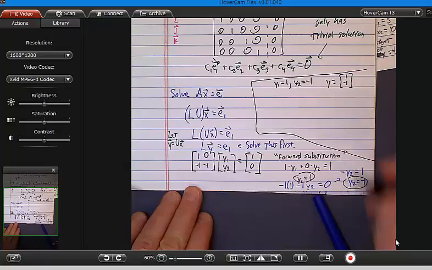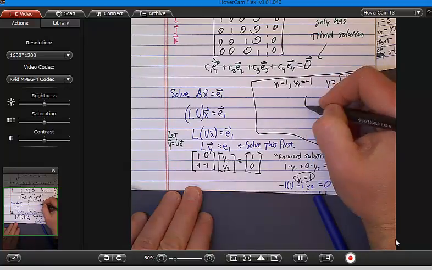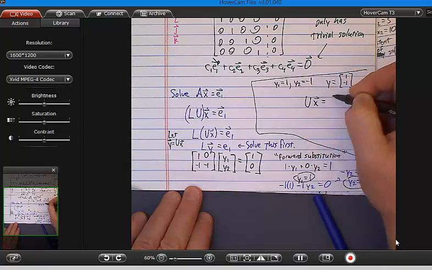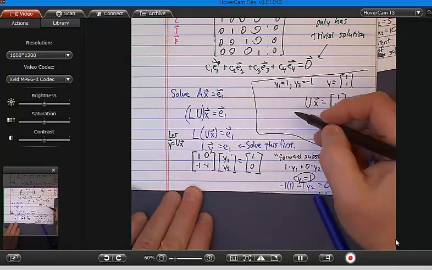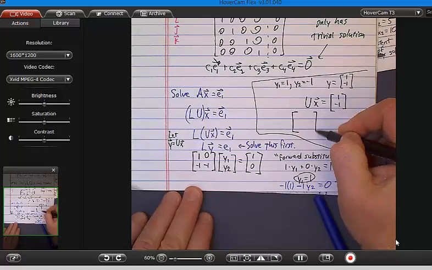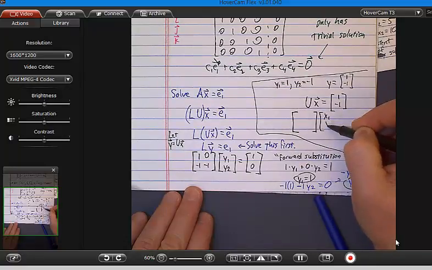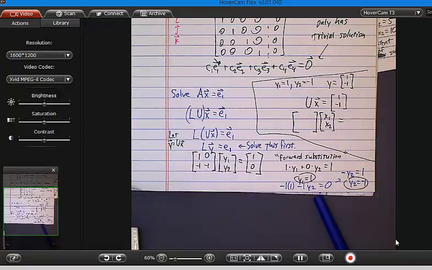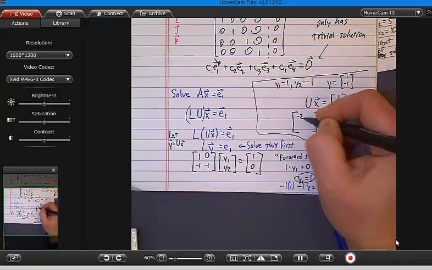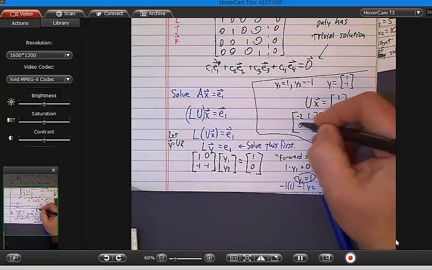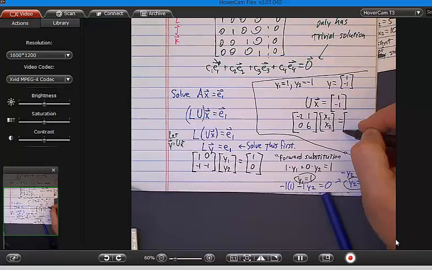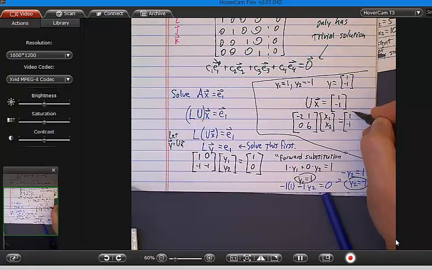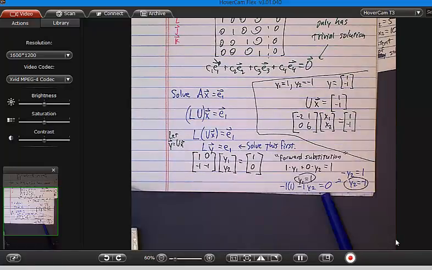But that means that Ux is equal to 1, negative 1, and U is an upper triangular matrix. So what's the upper triangular matrix? It was negative 2, 1, 0, and 6. Okay.